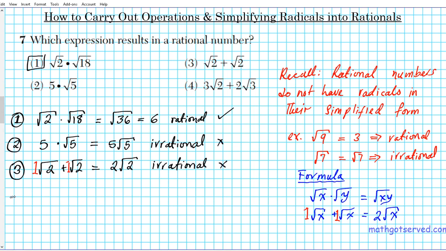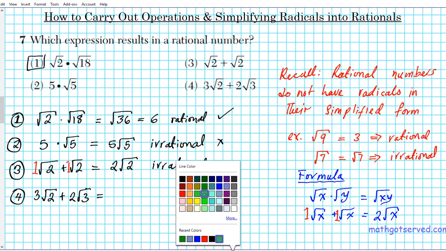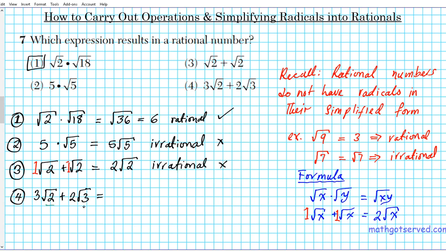Option 4. What is 3 root 2 plus 2 root 3? Now let's look at this closely. Can we combine these two? The answer is no. Why not? Because the radicands are different. Remember, the radicands must be the same in order for you to combine them.